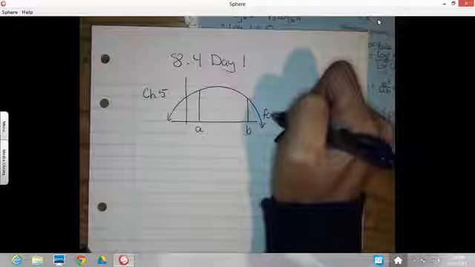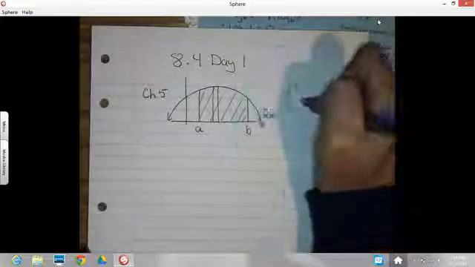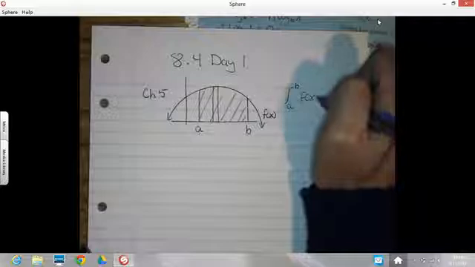So say we had this parabola, f of x, and you find the integral from some a value to some b value. The area under this curve, remember, was found by dividing it up into little rectangles, and the integral went from the lower boundary to the upper boundary of the function dx.